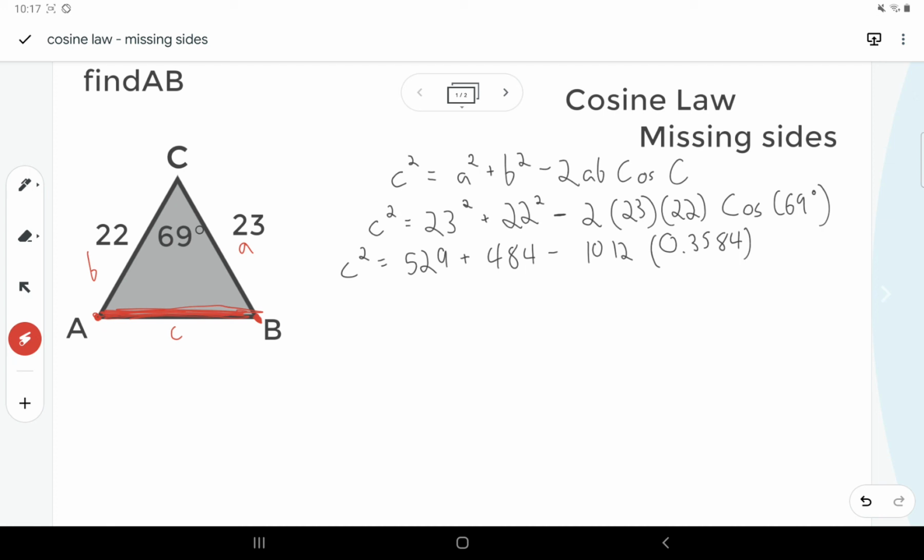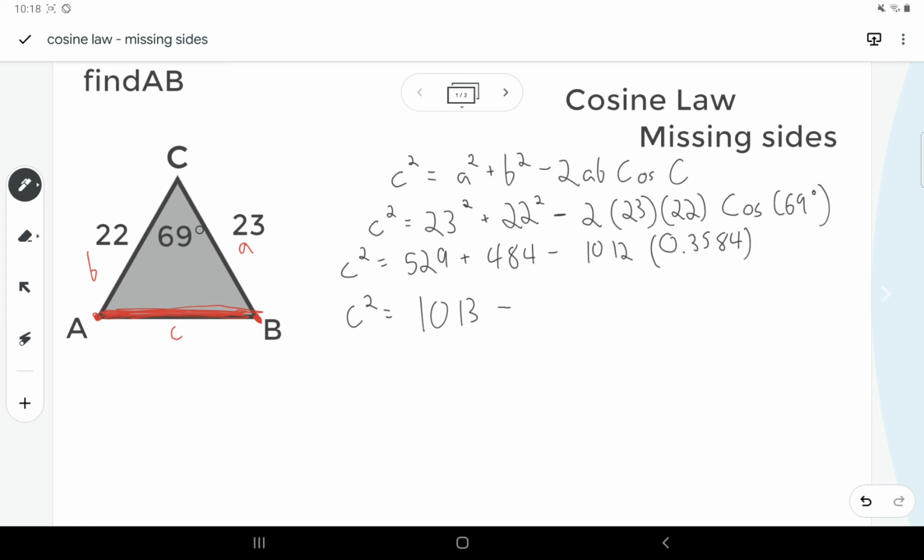So let's finish out this question here. We have 529 and 484 that are adding together, so we can just add those together here. So 529 plus 484 gives us 1013. Then we do minus, since we know this is going to be a negative number, 1012 times 0.3584.